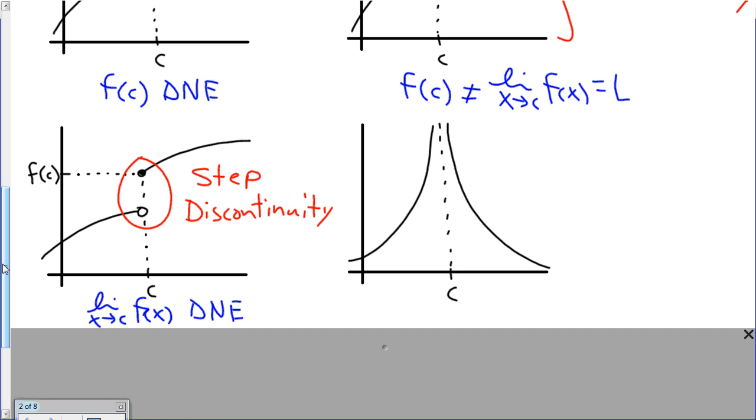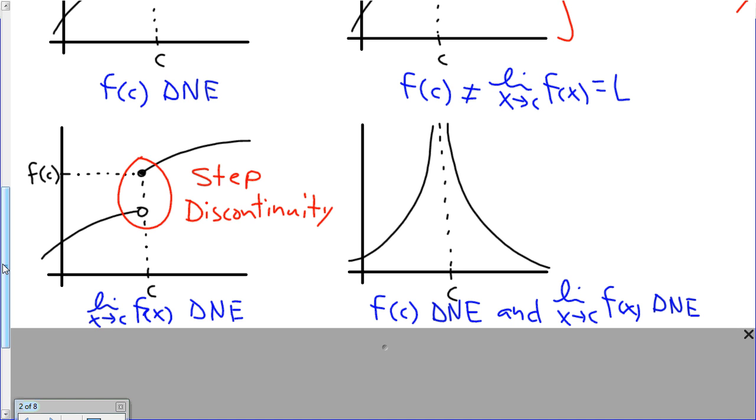And I can see also that since there's a vertical asymptote there, that the function does not exist. So f of c does not exist, and the limit as x goes to c of f of x does not exist. So in this case, we had problems with both of those. The limit does not exist and the function does not exist.